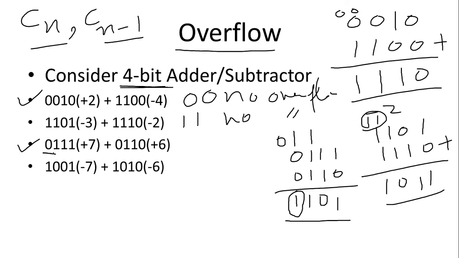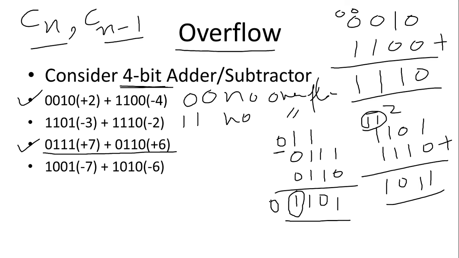But you see, in our addition, plus 7 plus 6 should be plus 13, but we have computed a negative number. So it means there is something happening internally, and our answer is wrong. For that purpose, if we had a fifth bit, that 0 could go here.